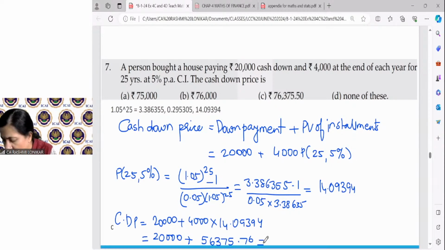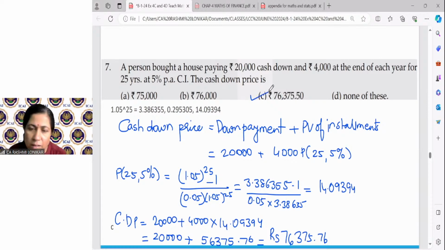If I add 20,000 to this amount, what will I get? Rupees 76,375.76. Okay, so C will be the answer.